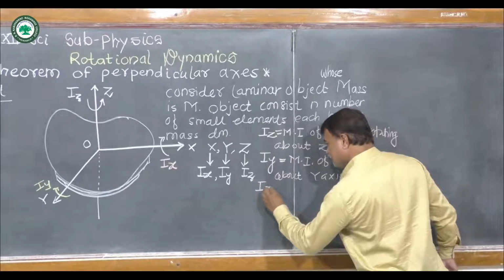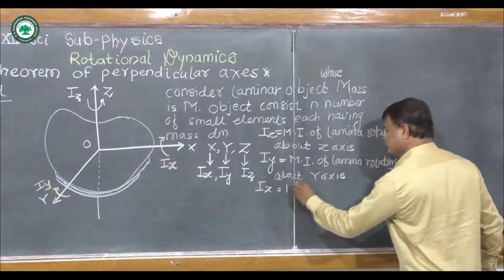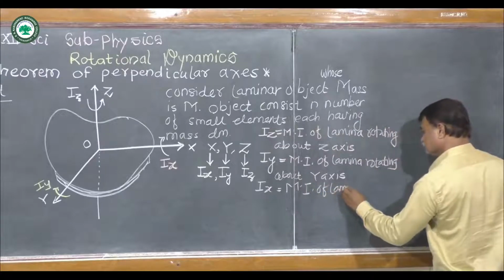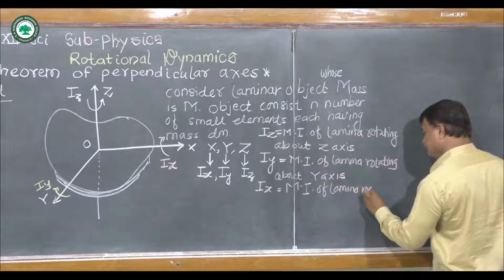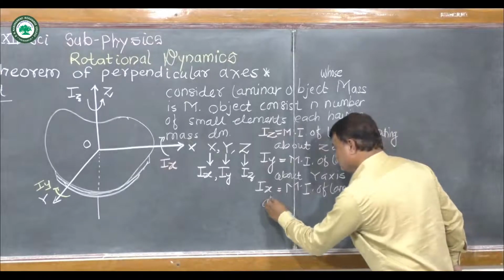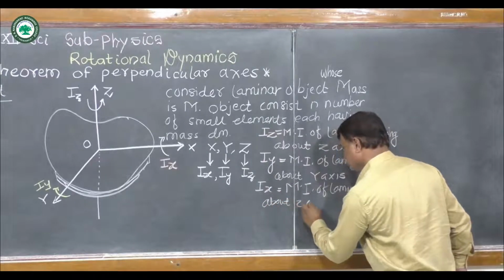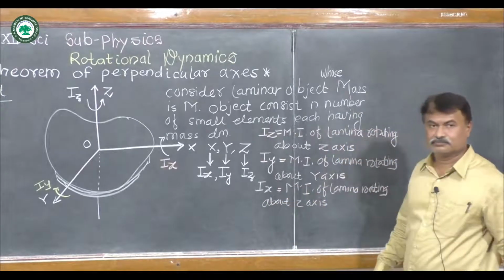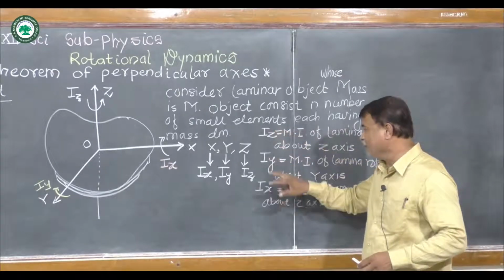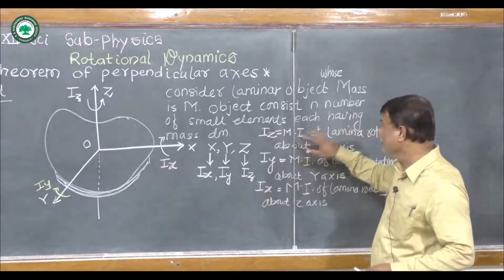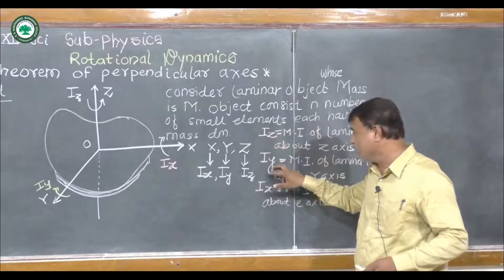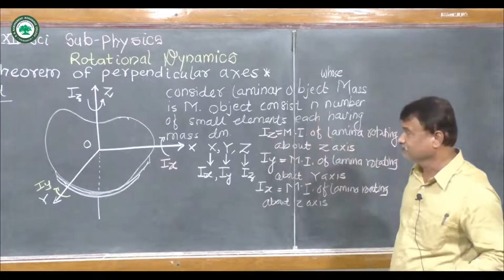Ix is also the moment of inertia of the lamina rotating about the x-axis. In other words, we can say that Iz, Iy and Ix are the moments of inertia of a lamina rotating about the z-axis, y-axis and x-axis respectively.